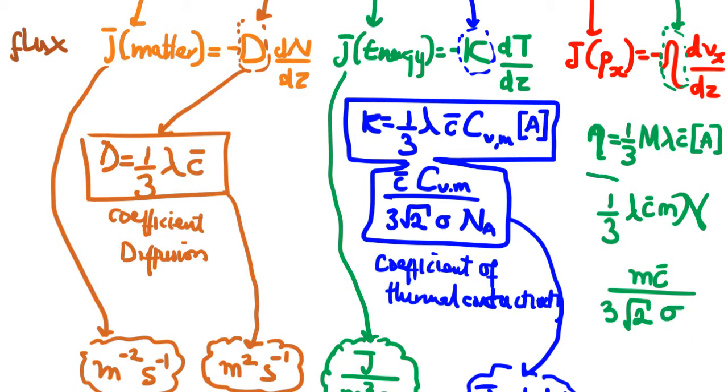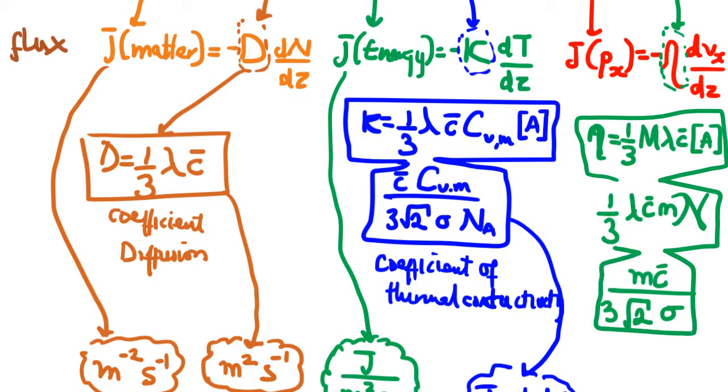So all these 3 methods can be used to determine the coefficient of viscosity, and it can be determined using any of these 3 depending on the situation that you find yourself in.